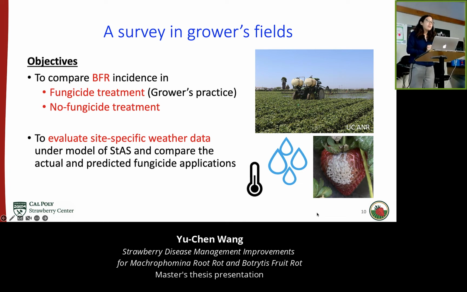We want to compare the botrytis fruit rot incidence in growers' fields with fungicide application, which is the grower's standard practice, and with no fungicide application at all. We also want to evaluate site-specific weather data using the model to see the predicted spray number versus the actual spray number and what the differences are.